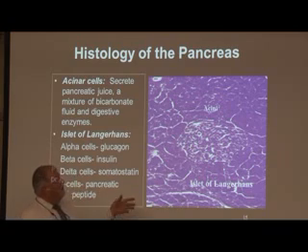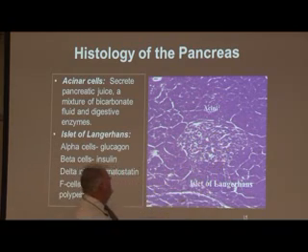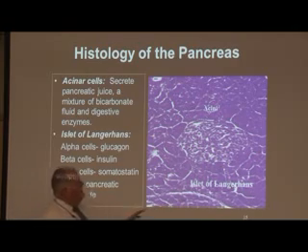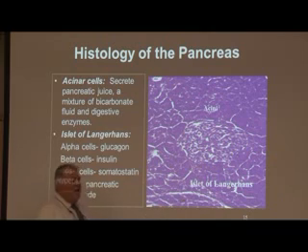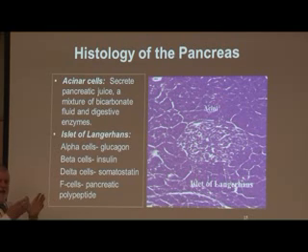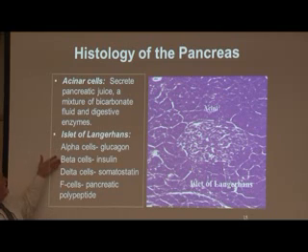But there are 4 distinct types of cells mixed in this. Okay? And so alpha and beta cells would be the most common cells kind of at the boundary of the islets of Langerhans. And these 2 are hormones that are antagonistic to one another, meaning having opposite effects. And so alpha and beta cells help us control blood sugar.